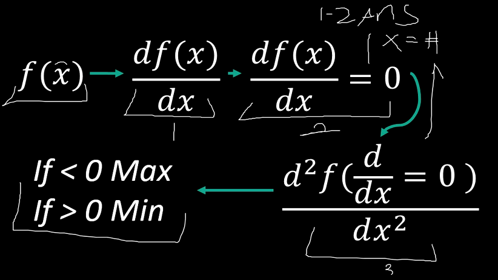If it is less than 0, it is maximum, and if it's more than 0, it is minimum. So for example, if you have a graph something like this, the answers you're gonna get with one of them, this derivative over here, is gonna be less than 0. That is going to be approximately this part, and the other one this part.